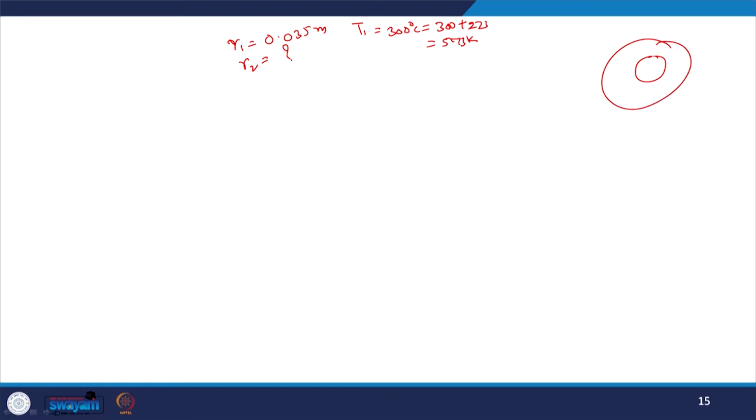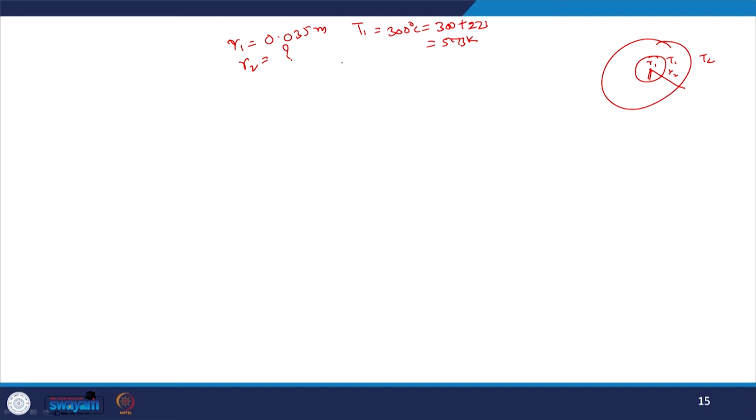Here it is given that R1 is equal to 0.035 meter. We don't have any clue about R2. T1 is equal to 300 degrees Celsius, that is 300 plus 273, which comes out to be 573 Kelvin. Let's draw the figure first: R1, R2, T1 and T2.